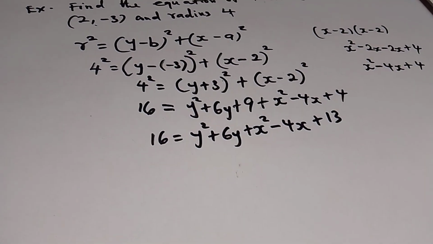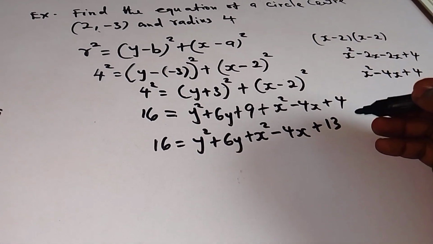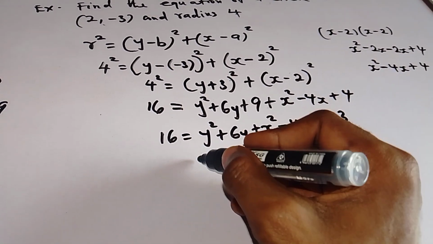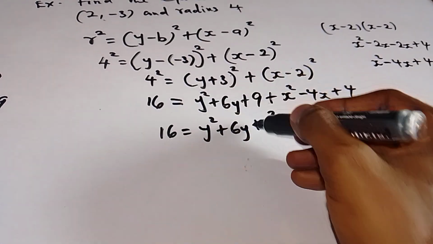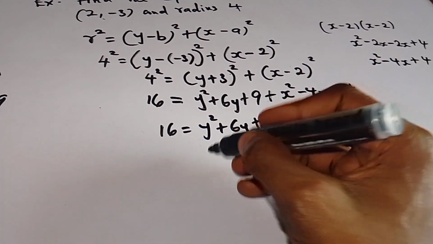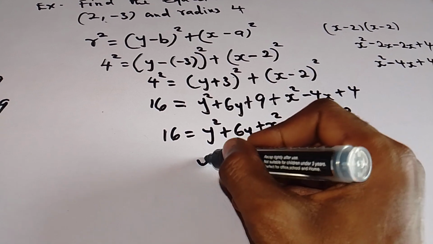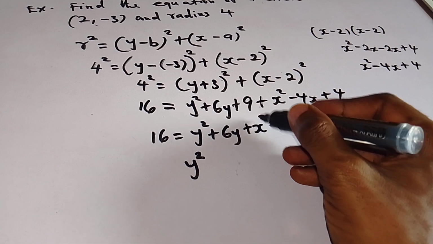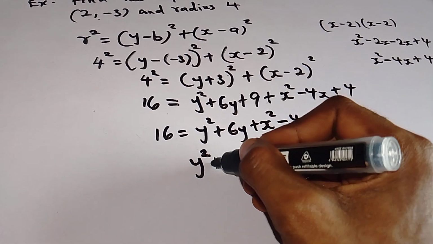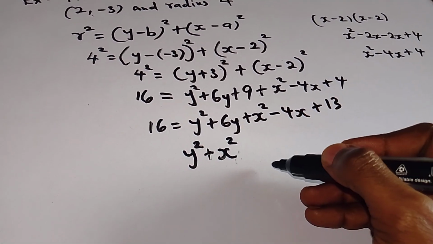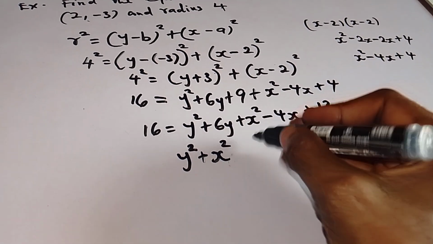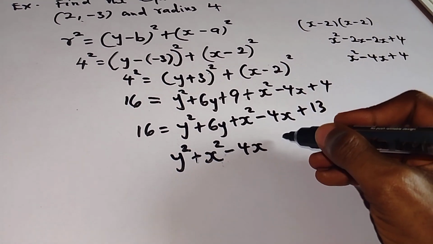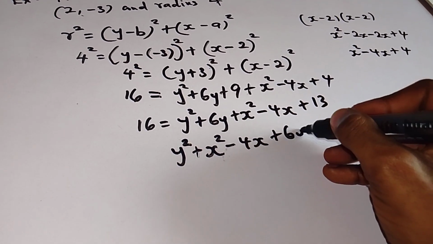You know, we are trying to form an equation, so we are going to equate everything to 0. Before we equate this to 0, we have to bring this 16 down here. By bringing this 16 across the equality sign, it will become minus. We bring everything that has a square first: y squared plus x squared, that's the arrangement, then followed by minus 4x, then followed by plus 6y.